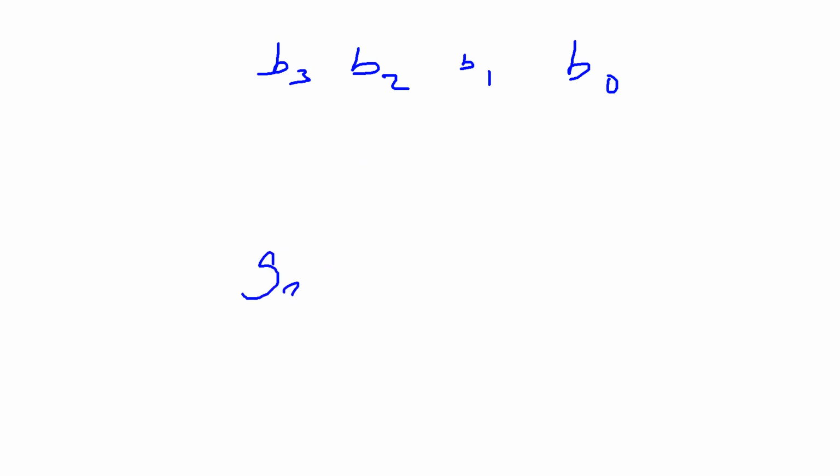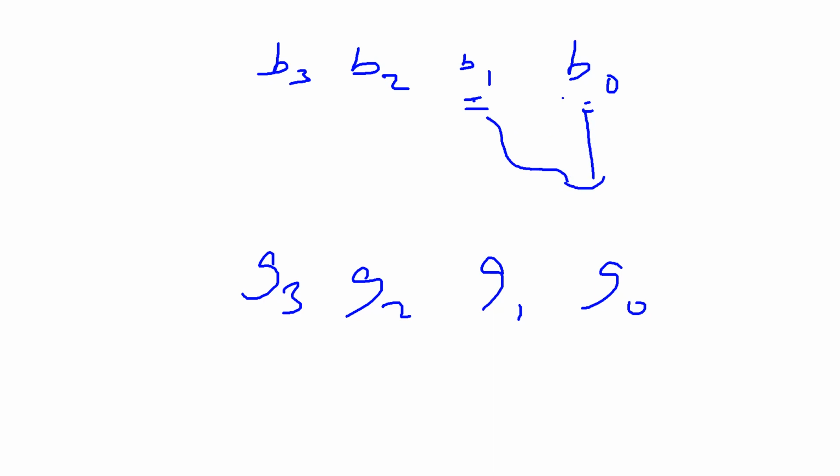I would get G3, G2, G1, and G0. I compare this bit and this bit, right? That means I use what? Use an XOR gate, right? If this bit and this bit are different, the output is 1, if the same, the output is 0. So it's an XOR function, right? This one XOR together. The result is G0.